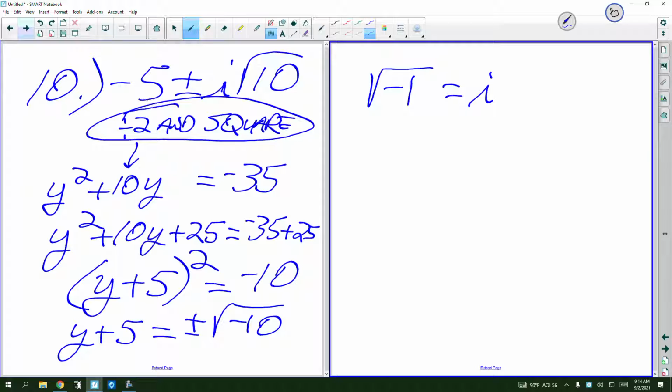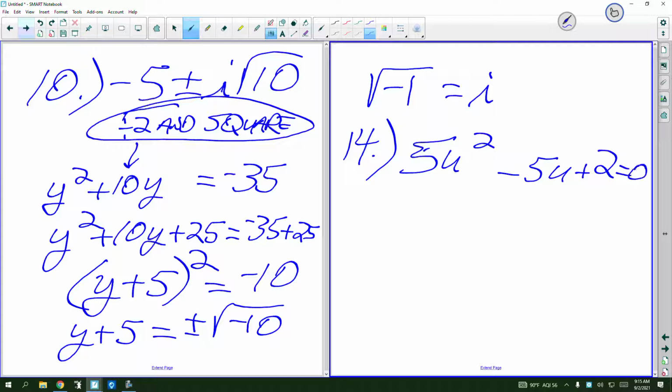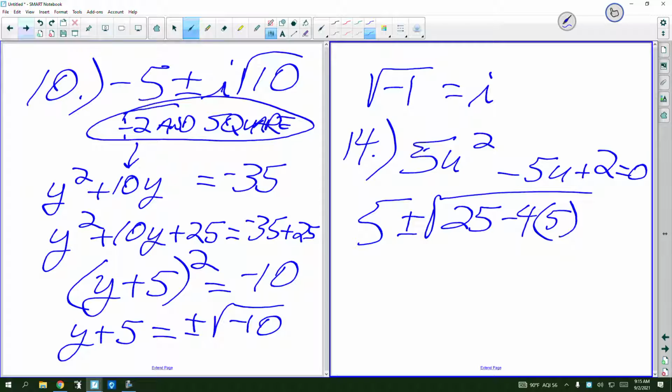Number 14. Now what are we using? Quadratic formula? Yeah. So it's 5u squared minus 5u plus 2 equals 0. So negative b, which is 5, plus or minus the square root of b squared minus 4ac, all over 2a.